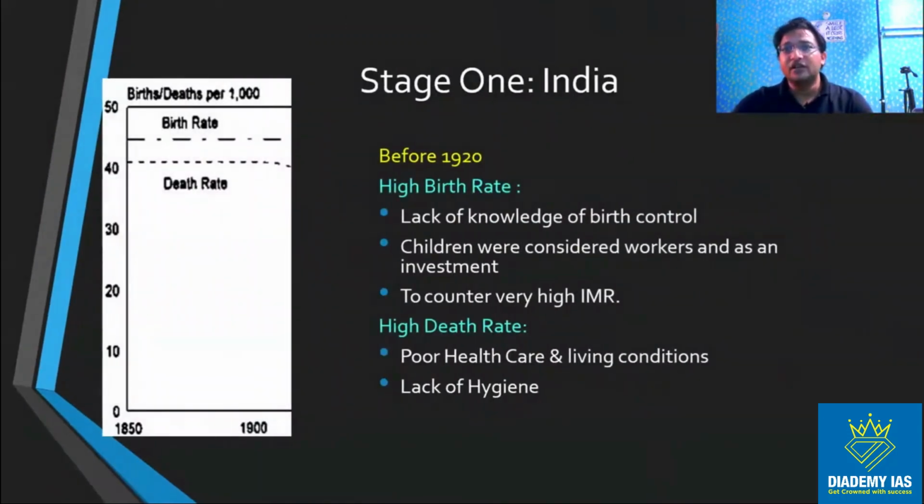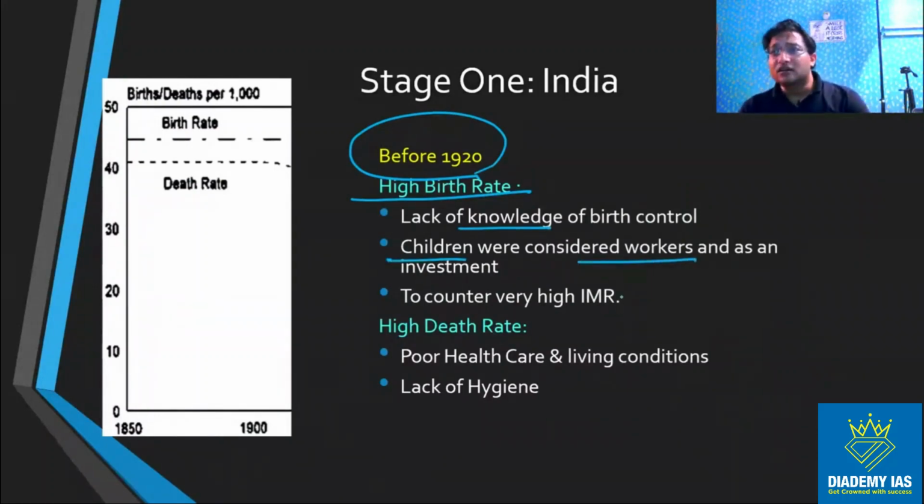So you can see here, India was in first stage before 1920. Before 1920, we were having high birth rate. Why? Because of lack of knowledge of birth control. Children were considered to be the workers. So most of our people were working in the agriculture sector. In the agriculture sector, more number of hands are appreciated because we do not have appropriate level of technology.